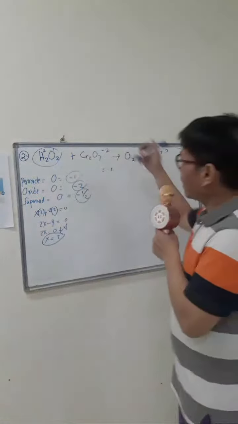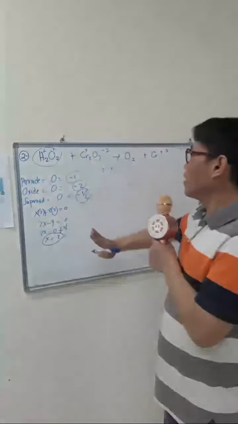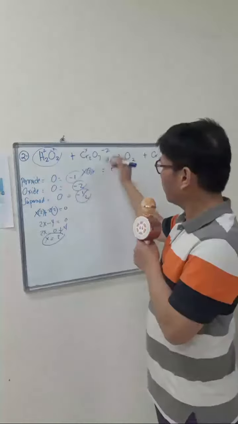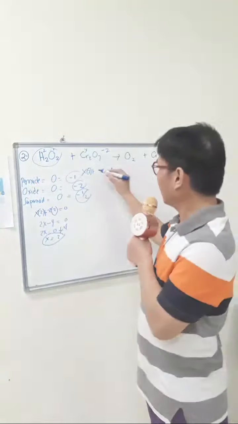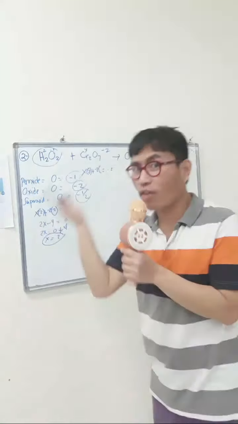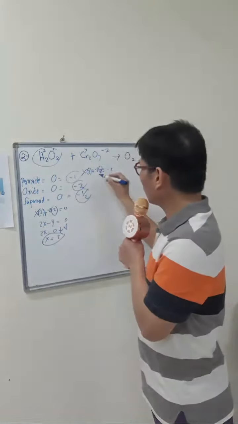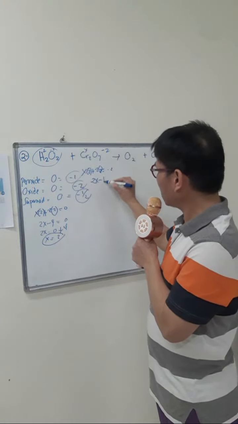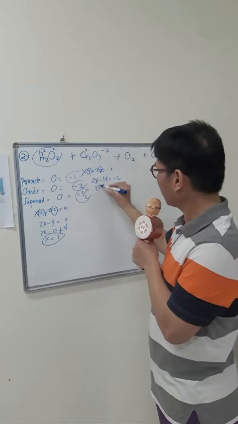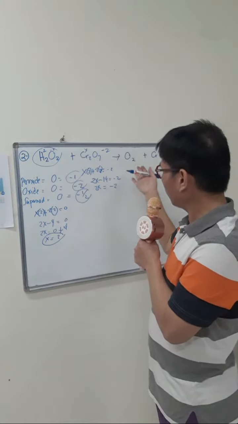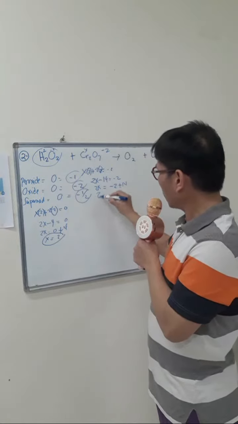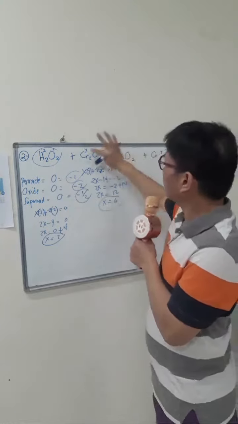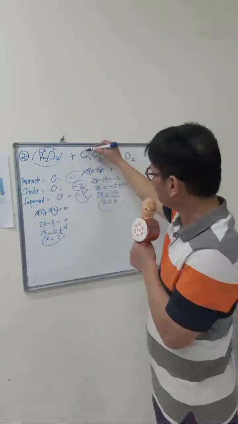So X times the subscript 2 of chromium plus negative 2, the charge of oxygen, times the subscript of oxygen, which is 7, equals negative 2. Do the math: 2X plus negative 14 equals negative 2. Then 2X equals negative 2 plus 14, so 2X equals 12, and X equals 6. Therefore, the oxidation state of chromium is positive 6.